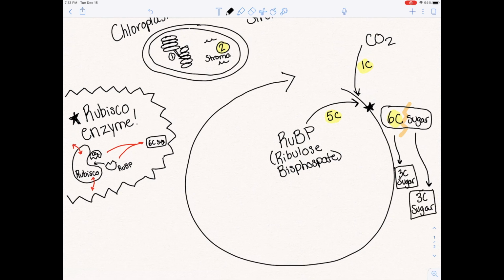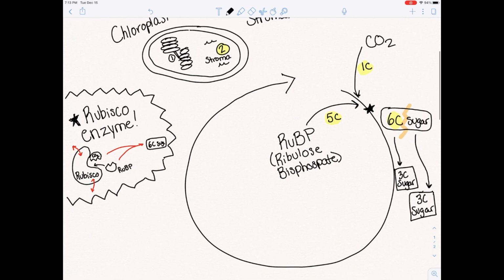To make this happen, we needed a pretty powerful molecule. Remember that we get ATP from our light-dependent reactions. One of those ATPs is going to get used to break up the 6-carbon sugar into 2 3-carbon sugars. So it loses that phosphate because it releases the energy held between the phosphate-phosphate bond.